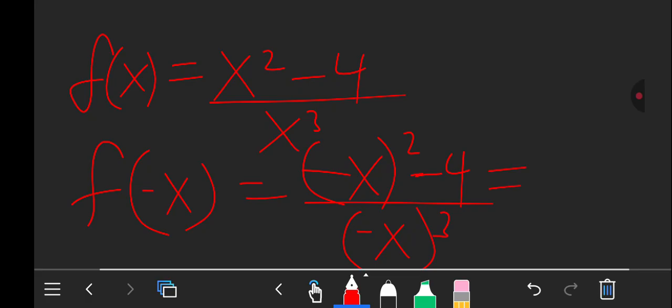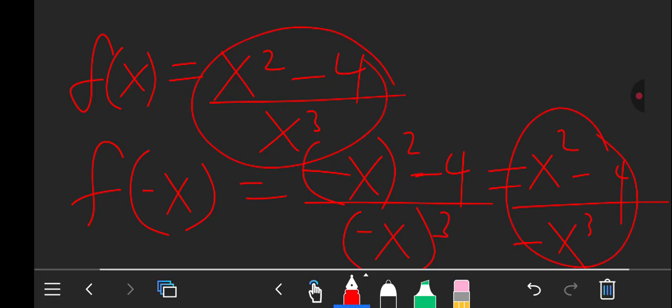If you evaluate this, the answer will be x squared minus 4, since negative x squared is just x squared, over negative x cubed, that is just negative x cubed. So that gives us a negative. You can see that this is not equal to f of x, because on the denominator you have negative x cubed. It is not equal.